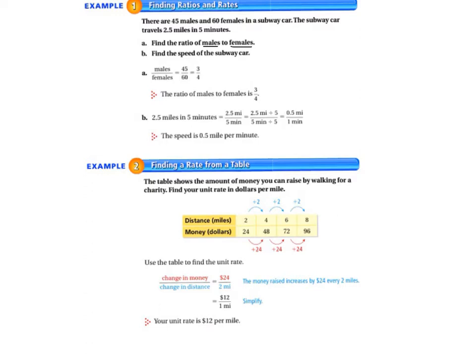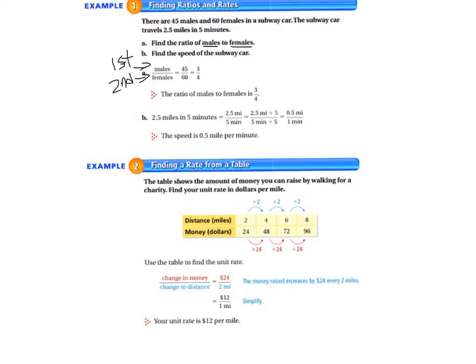Let's deal with letter A first. Since it says males first, and males is first in the sentence, and then females is second, males goes in the numerator of the fraction, and females is in the denominator. So this is first in the sentence, so it goes on top. And this is second, so it goes on the bottom.